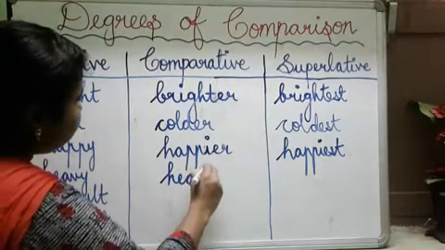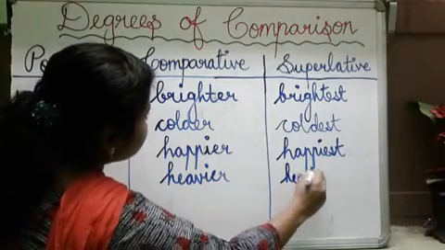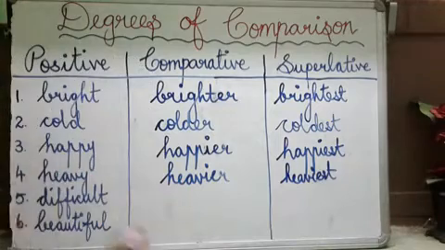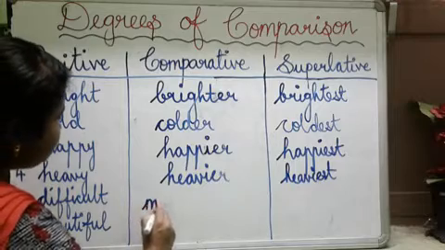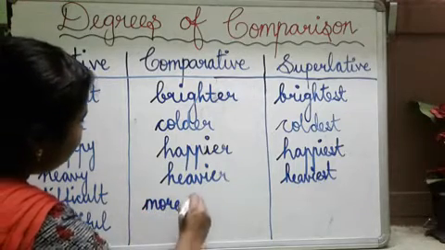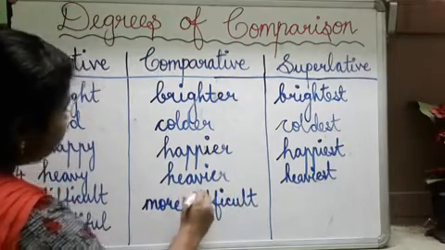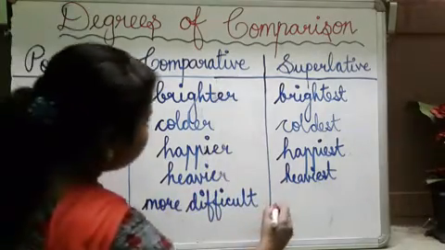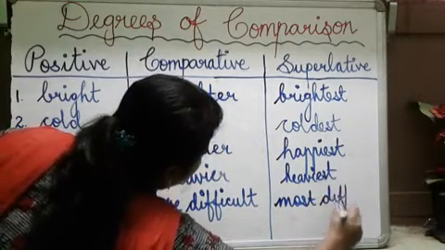So heavier, and here heaviest. And then difficult, more than 2 syllables. So what will you add? More difficult in the comparative degree. And in the superlative you will add most difficult.